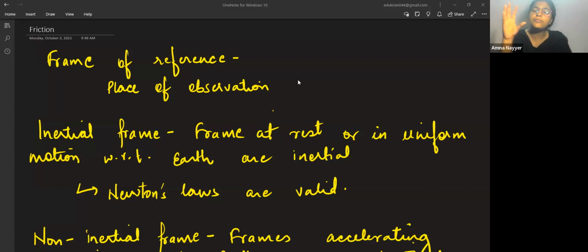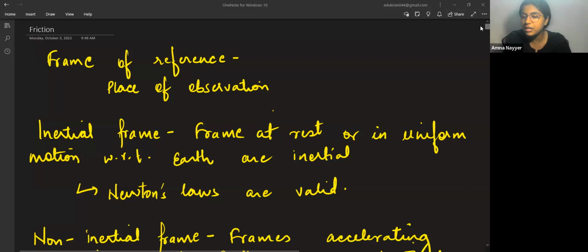All the movements and forces recorded there will be considered under the non-inertial frame. Some other forces will also act, and Newton's laws will not always be valid there. They can be valid, but not always. Because your entire system, the truck, has also started moving, meaning your frame of reference has started moving. This is what is meant by a non-inertial frame.